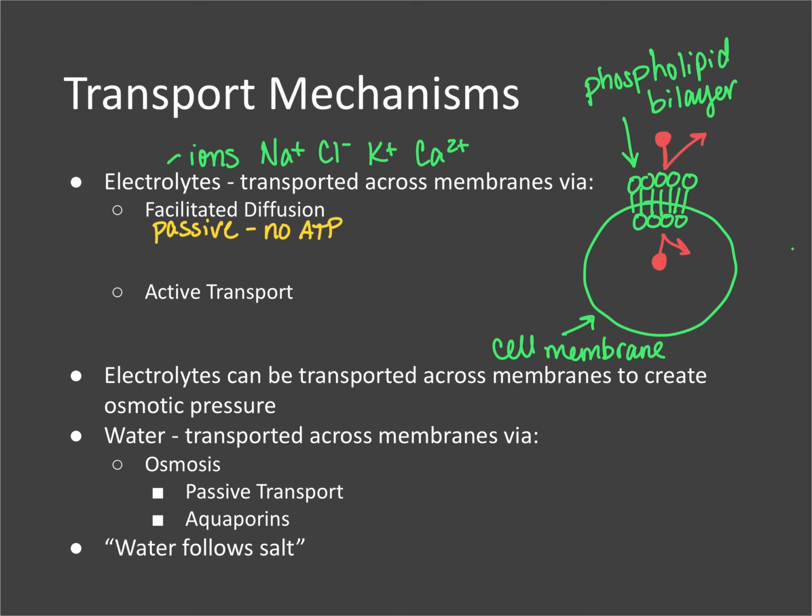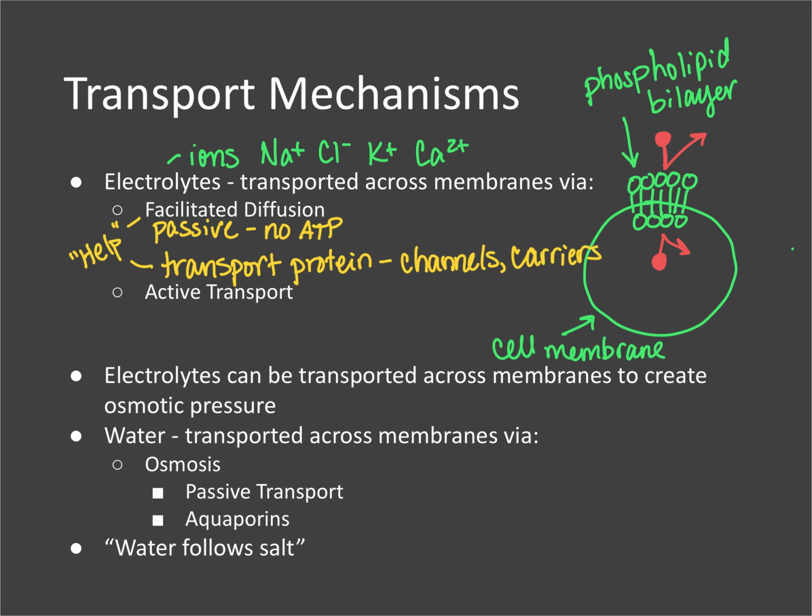So facilitated means help. To facilitate something, you help something. So the help comes in the form of a transport protein. And these transport proteins are required, and they are called either channels or carriers.